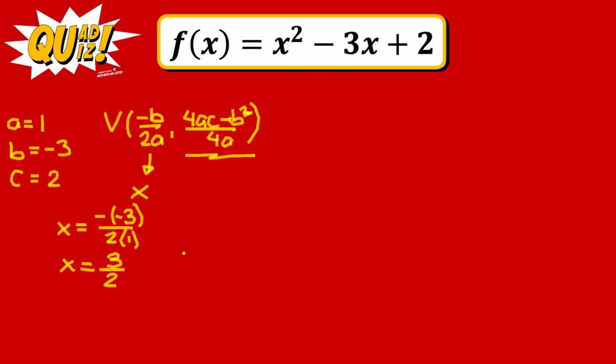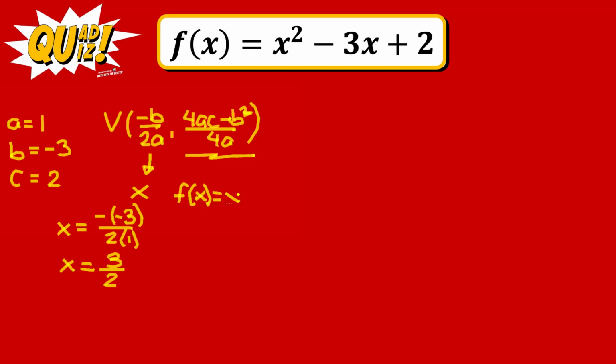Now, don't worry if your x or even the y coordinate are in fraction form because they are still acceptable for they are real numbers. Okay? What we need to do now is to use this value for x in solving for the y coordinate of the given function.